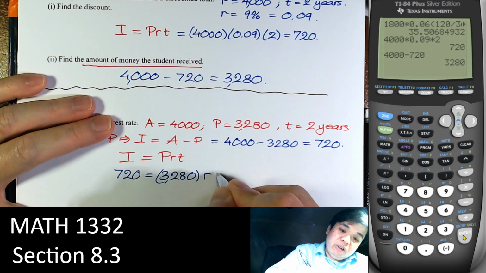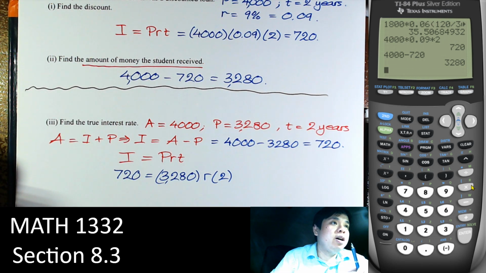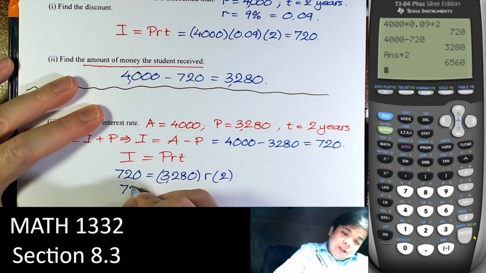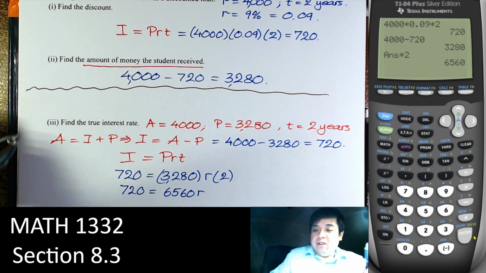The rate we don't know, the time is 2 years. So that amount times 2, so 6560, and divide on both sides.